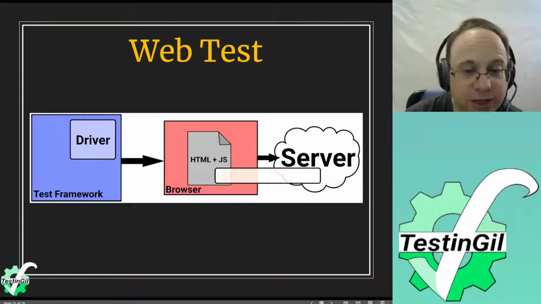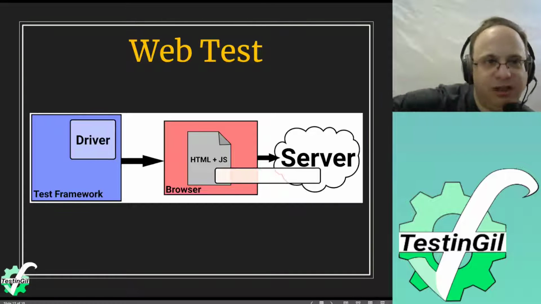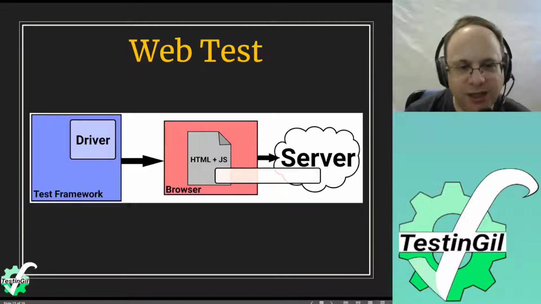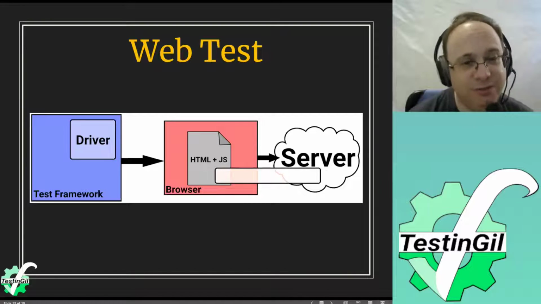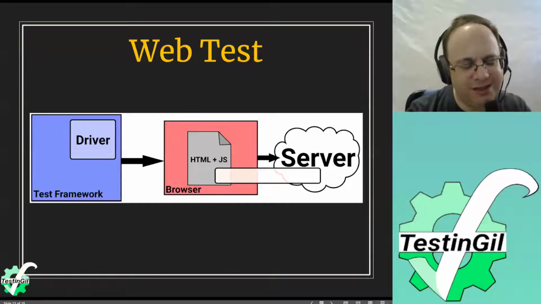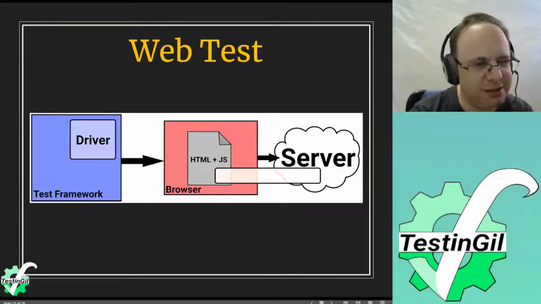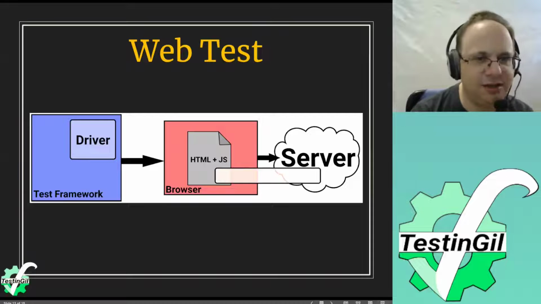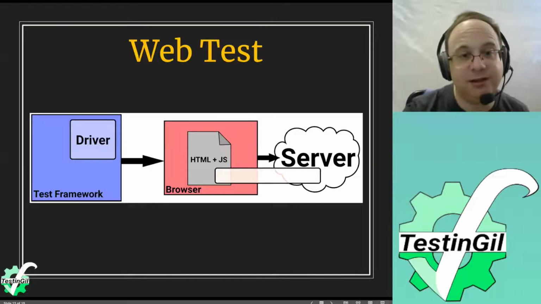So everything works together, and we're testing that and everything beyond that, because we don't know what's happening beyond the server, which in our case might be very interesting to see. So they look the same to the web test, but they're actually testing not exactly the same thing, and definitely not in the same way.